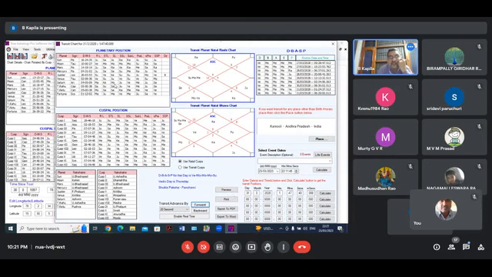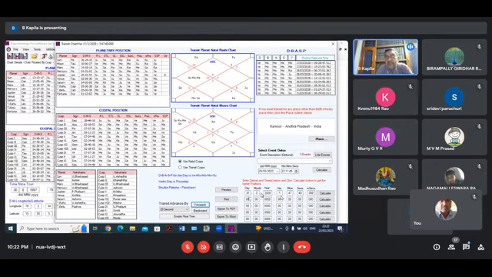Yes. So the time is 1:47:40 seconds. So the event of marriage is likely to happen on 31st of March 2028, and the time is 1 hour 47 minutes 40 seconds. Is it okay? Okay, sir.